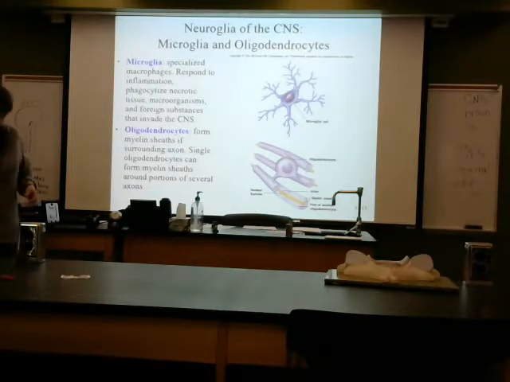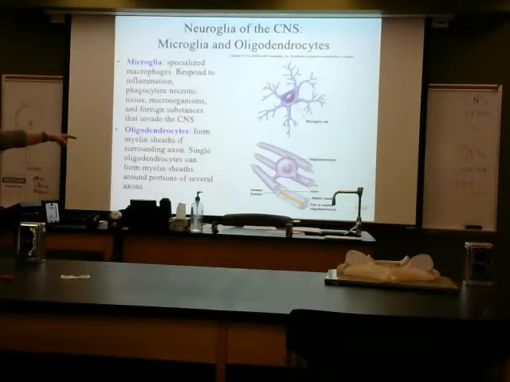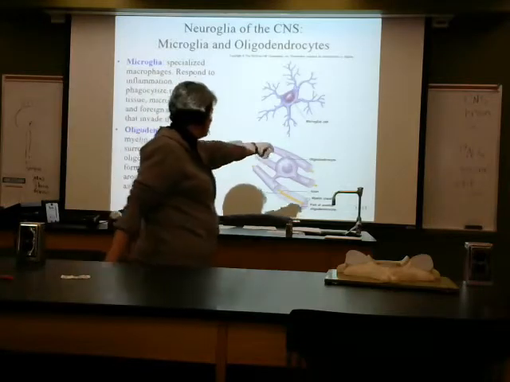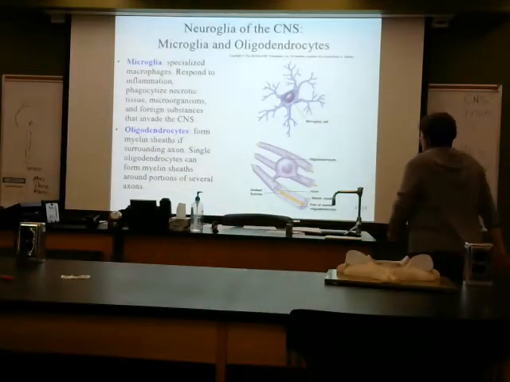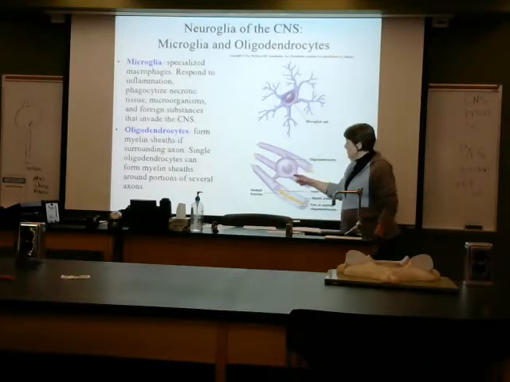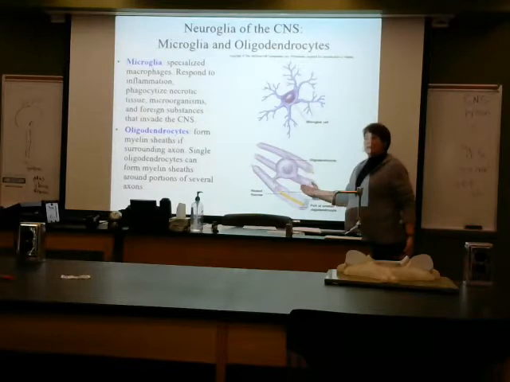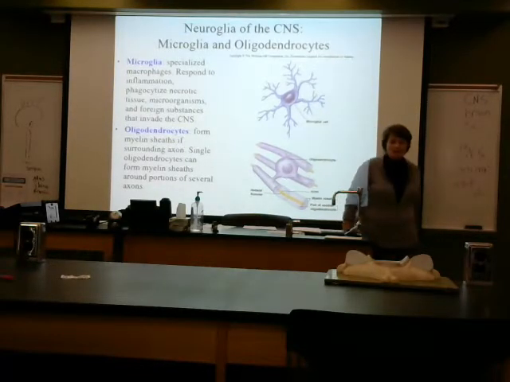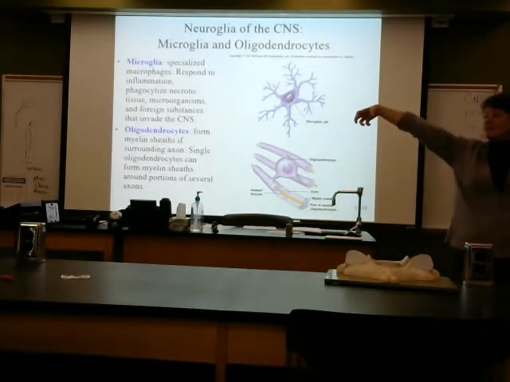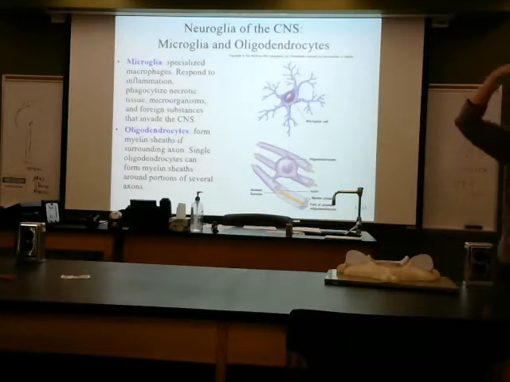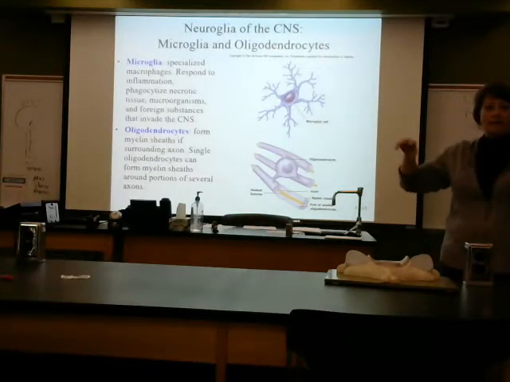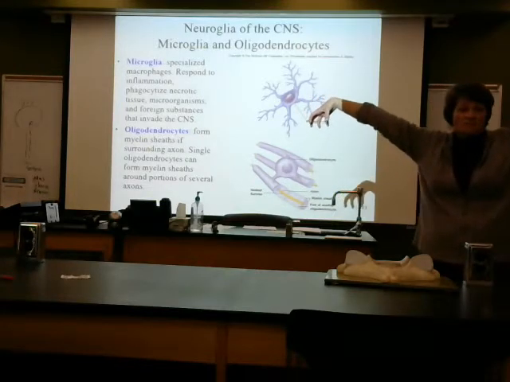In my brain and my spinal cord, the way that we cushion those axons, we have an oligodendrocyte, this particular cell right here, and what it will do is it will branch off and create a wrapping all the way around an axon. And that one cell, think of my body right here as being the oligodendrocyte, and these are my extensions, okay?